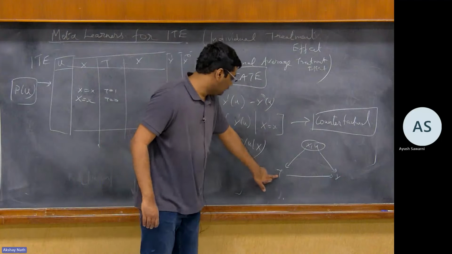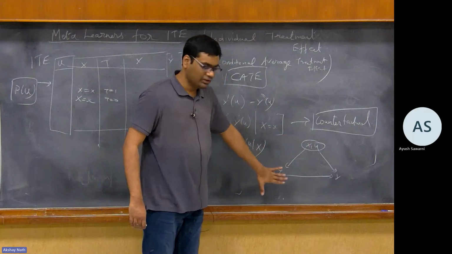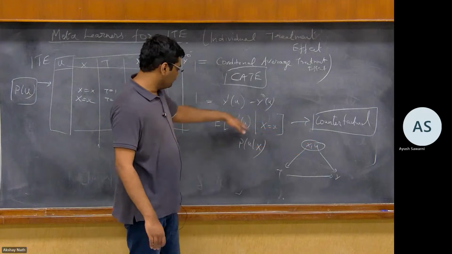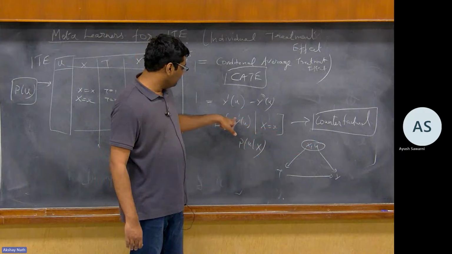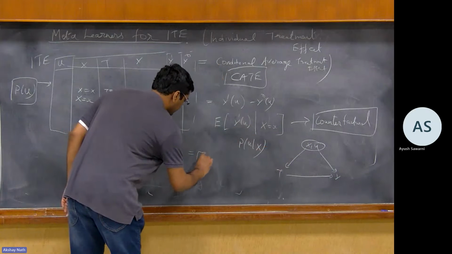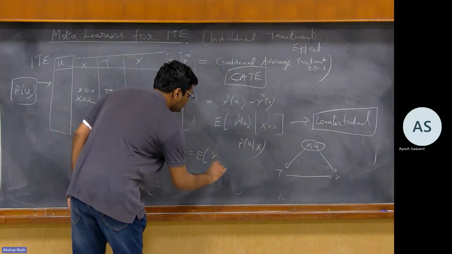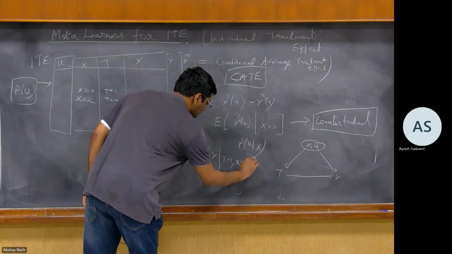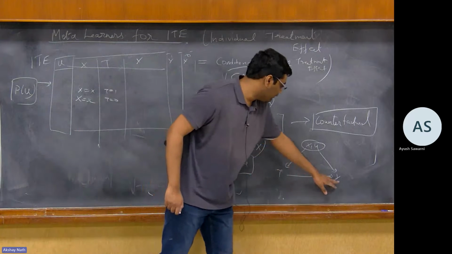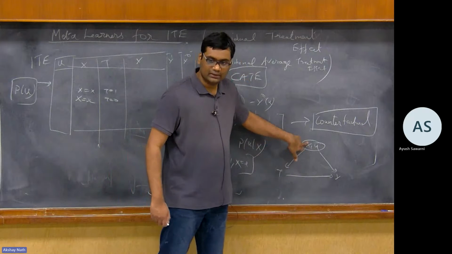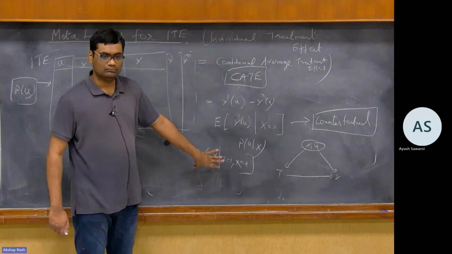Now, what I'm trying to say is if ignorability holds, and it only holds in the pre-treatment regime, you can manipulate this. And if I want this, I can actually show this is nothing but the expected value of Y given T is equal to 1, comma X is equal to X. It's okay to take all the individuals conditioned on T is equal to 1 and X is equal to X and just simply average the outcome.